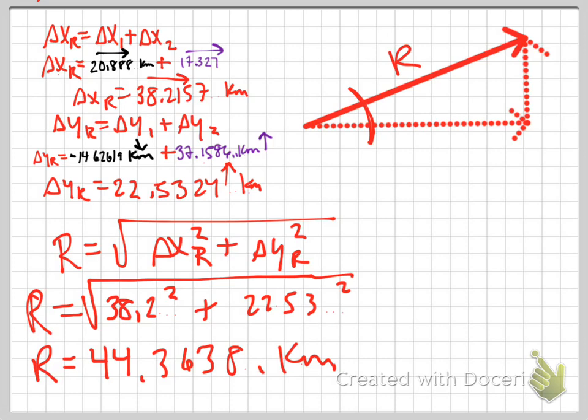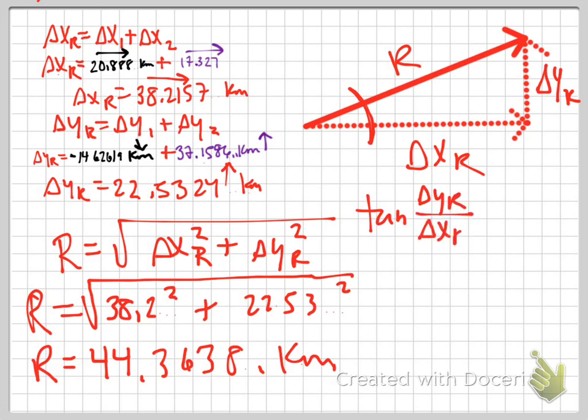We're going to use a tangent function. So our opposite is our delta y resultant, and our adjacent is our delta x resultant. So the tangent of theta resultant is delta y resultant divided by delta x resultant. And so if we take the inverse tangent, oh, I'm sorry, I did that backwards, didn't I?